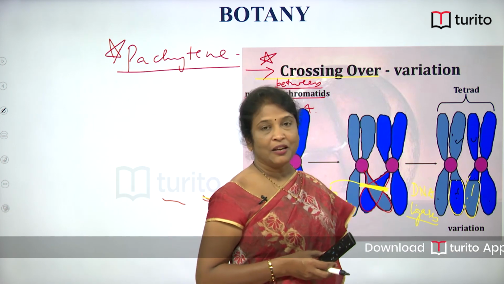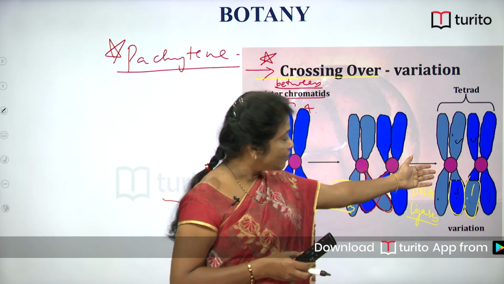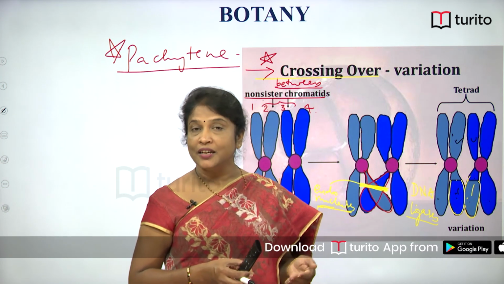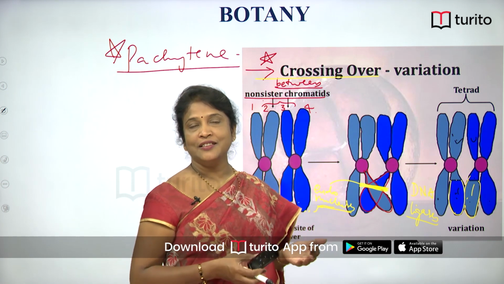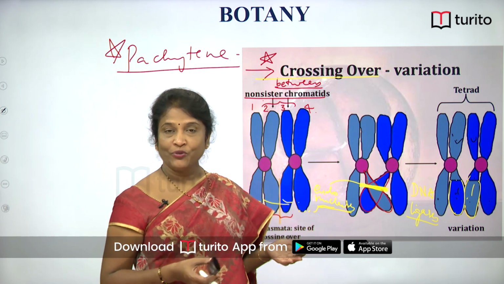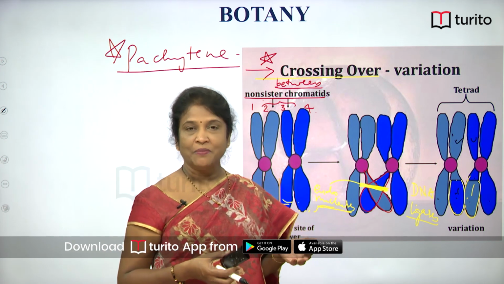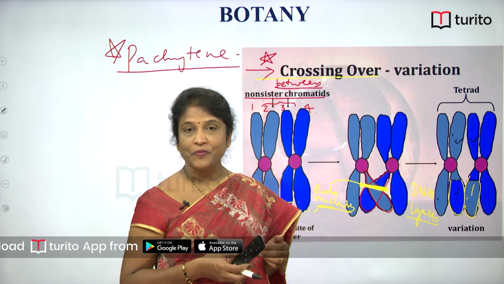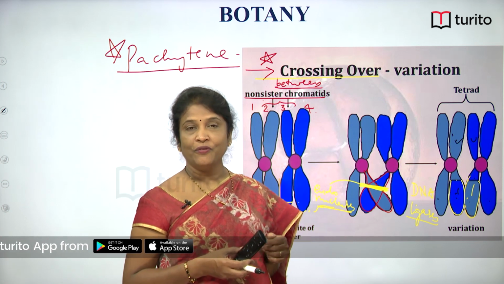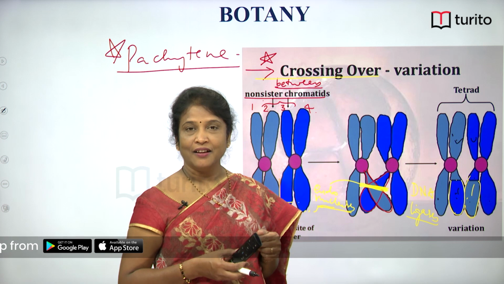So, these genetic recombinations that occur in the chromatid segments finally lead to variations in the progeny. If those variations are desirable and useful, the progeny become superior to the parents and survive in a better way, which is very useful for the struggle for existence, right.